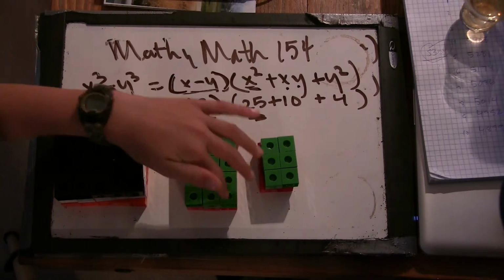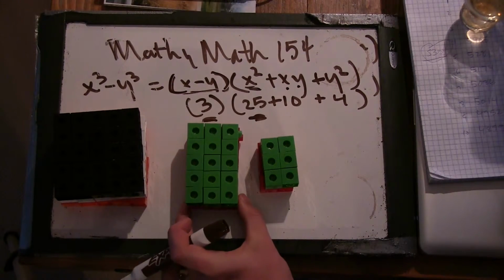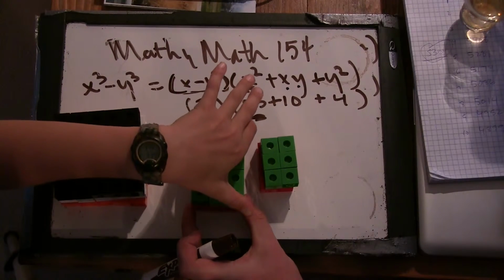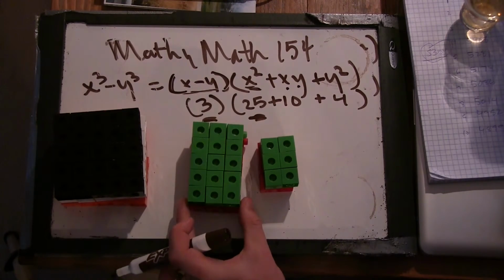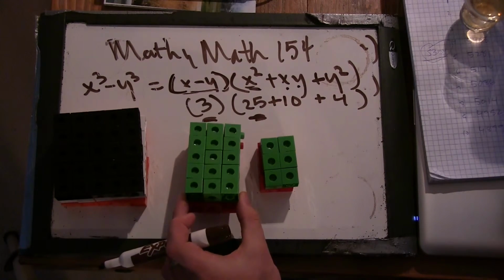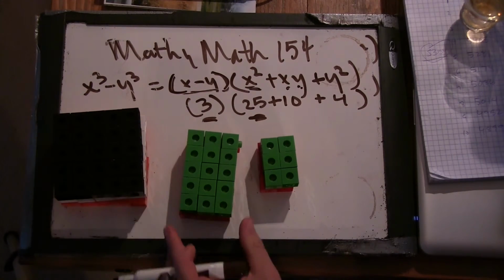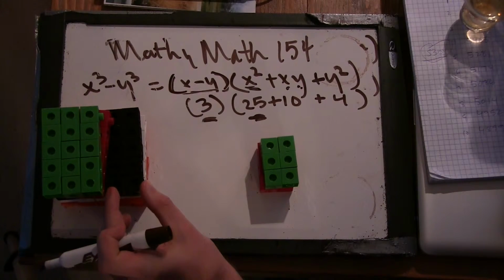The x by y's are xy here. The x is this, and the y is how tall it is. So this is y tall and x long. That's the xy. It's x minus y wide because we took out the cube here.